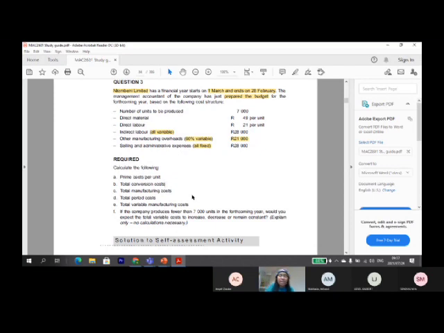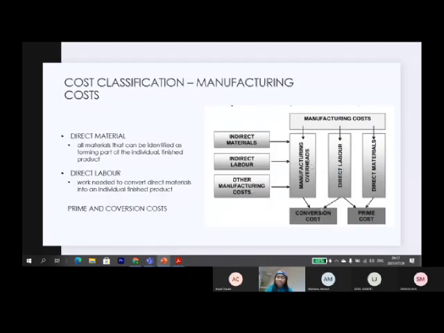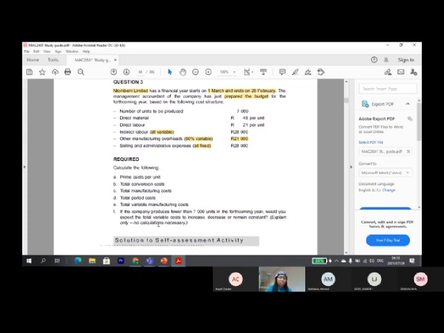So that's your labor and also your other manufacturing costs, right? Then total manufacturing cost. Always remember this diagram: once I've defined my manufacturing overheads, direct labor, and direct material, that will give me my manufacturing cost.